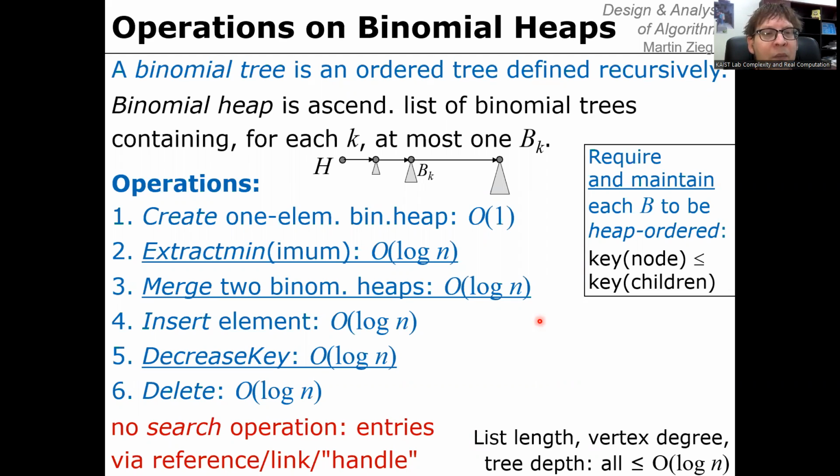So for example, the insert operation, item 4, is an easy combination of: create a one-element binomial heap with the element to be inserted, and then merge this one-element binomial heap with the existing binomial heap.